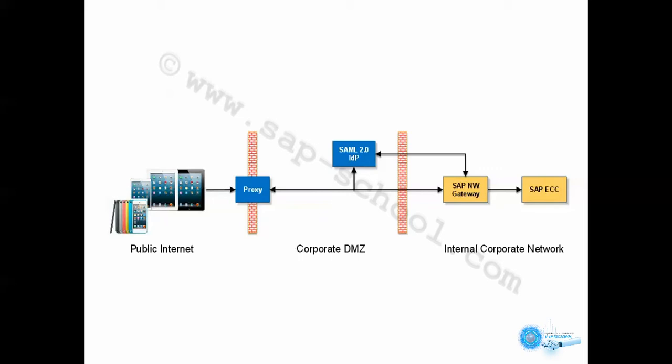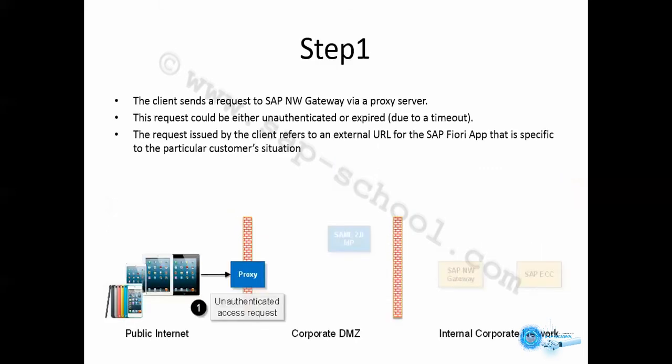Now, the SAP NetWeaver gateway recognizes that the request is unauthenticated and could respond in one of two ways: either using an HTTP post or an HTTP 302 redirect. In this case, we will be showing it using the HTTP 302 redirect.